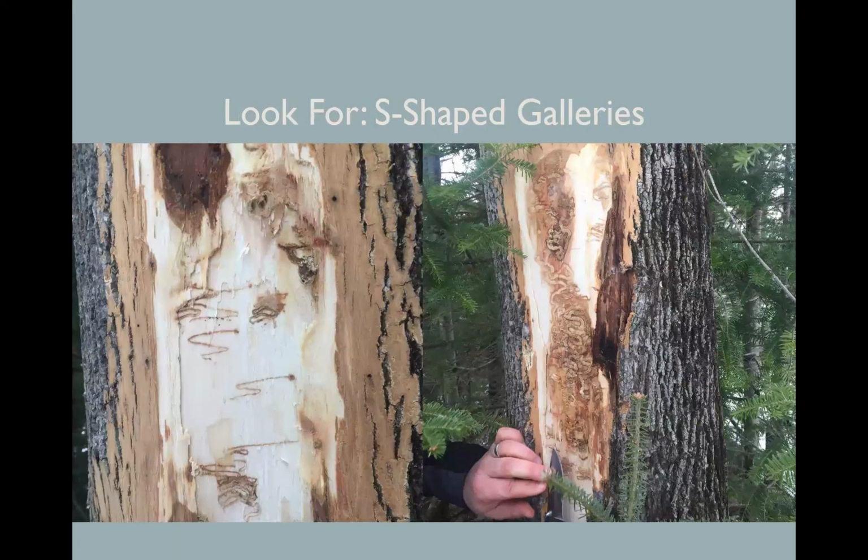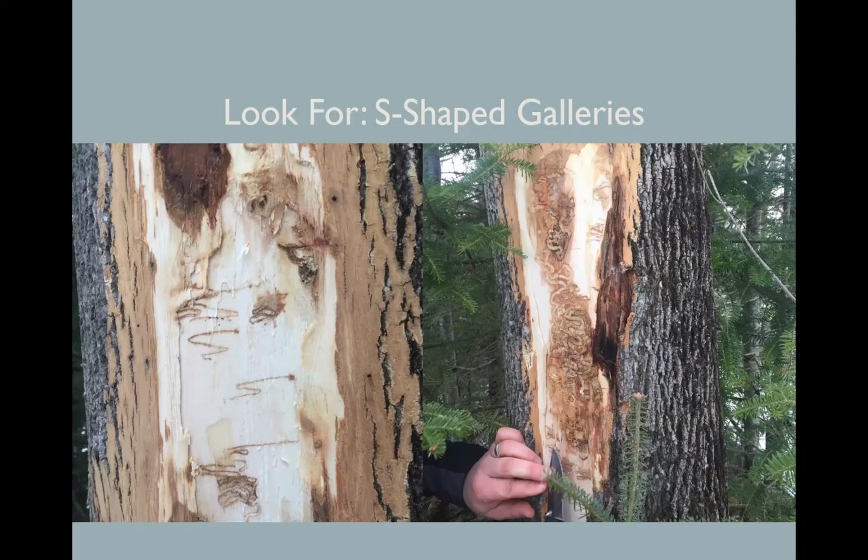And then if you have suspicions, or sometimes when we're called out to check on a tree, one of the best ways for us to identify it without genetically identifying the larva is to scrape off some of the outer bark using a draw knife and see these S-shaped galleries.